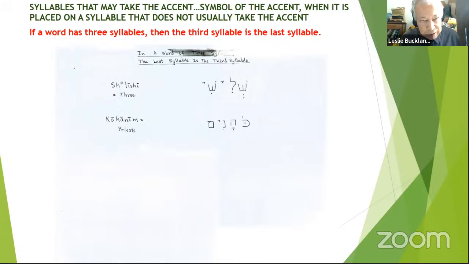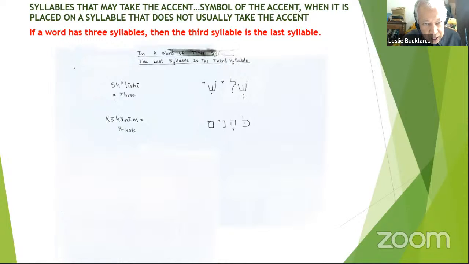So there is no need to put an accent mark to indicate that this is the syllable to be accented. Here is another three-syllable word. Let me try and find the arrow. It is ko, that's one syllable. Ha, second syllable. Neem, the third syllable.